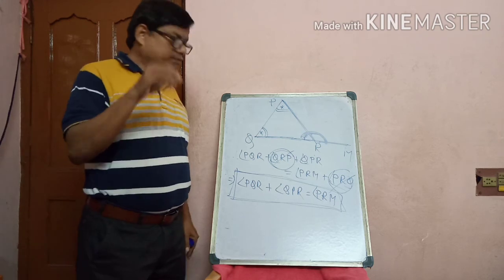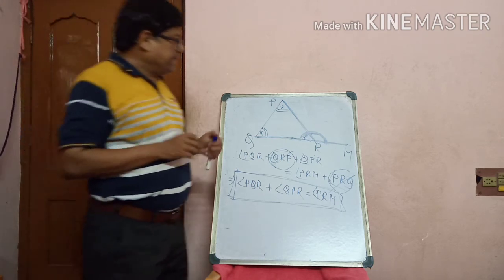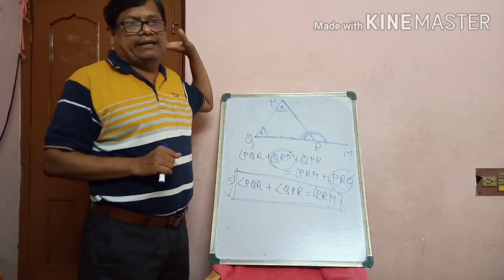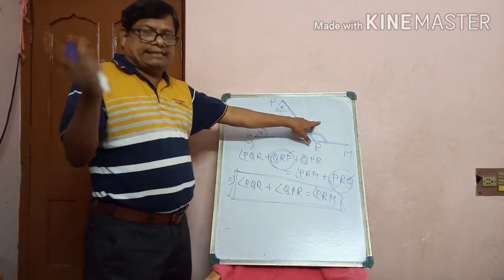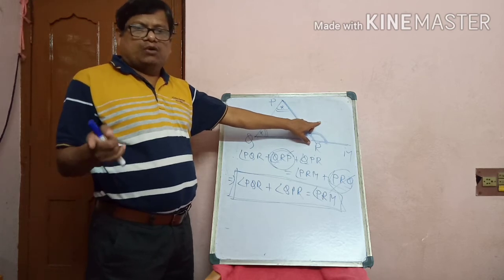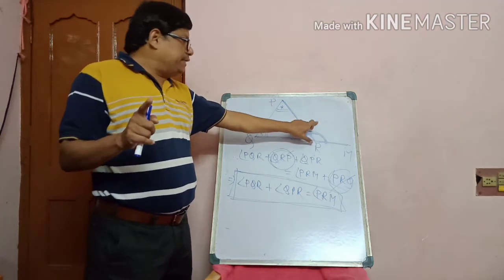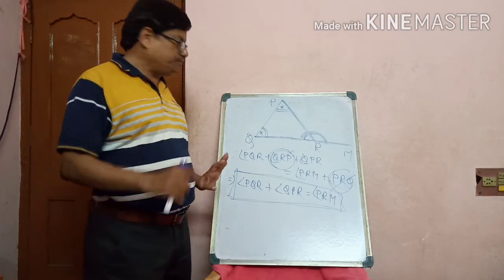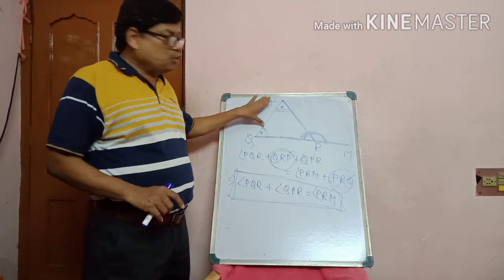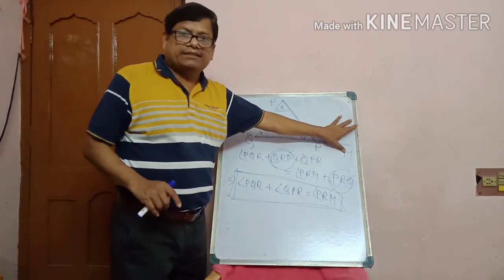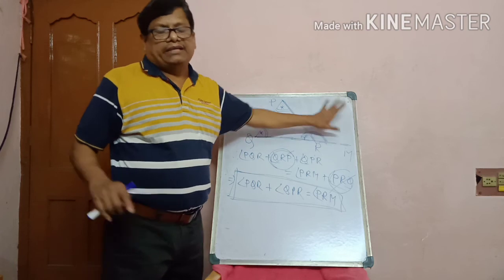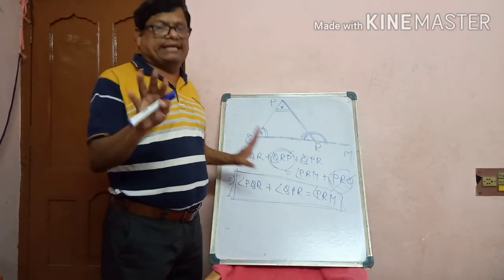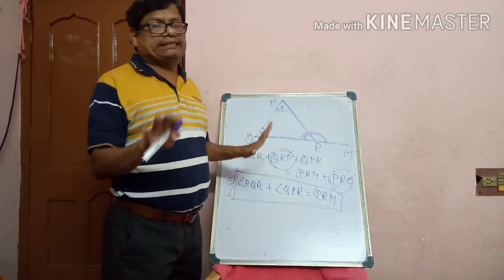Now, write down homework. One homework I am giving. If all sides of a triangle are extended, then three exterior angles are formed. Then what is the sum of the three exterior angles? This is the homework. Write down. In a triangle, all sides are extended. Prove that the sum of the exterior angles is 360 degree.